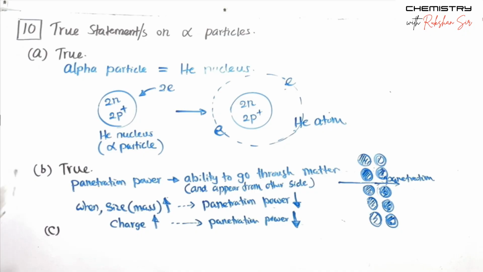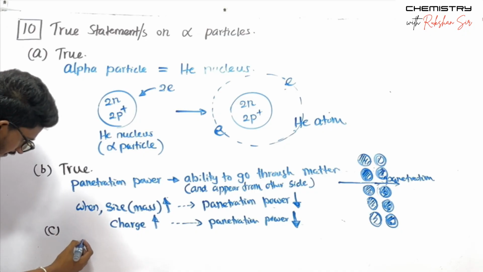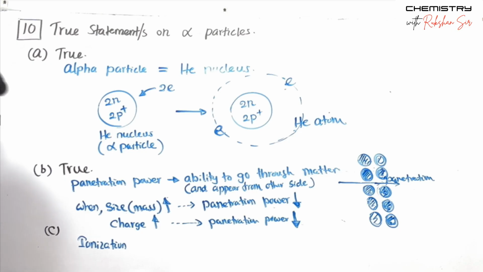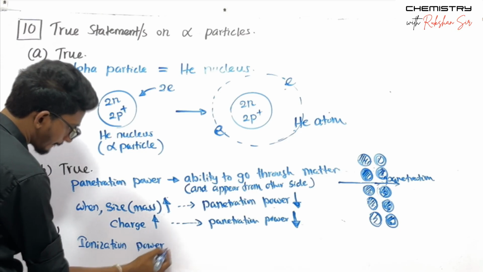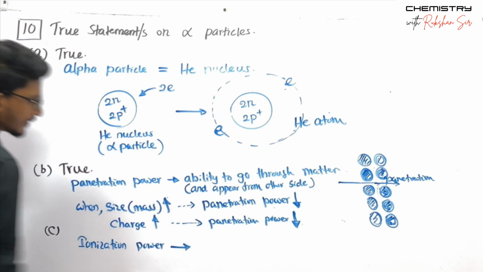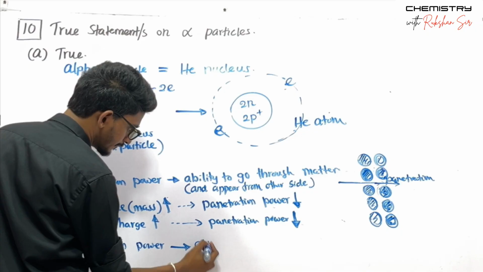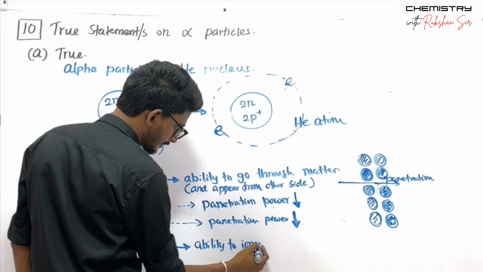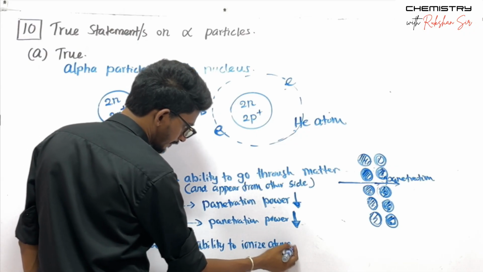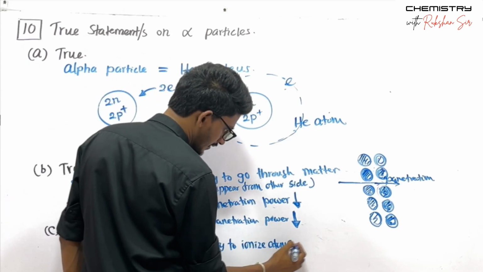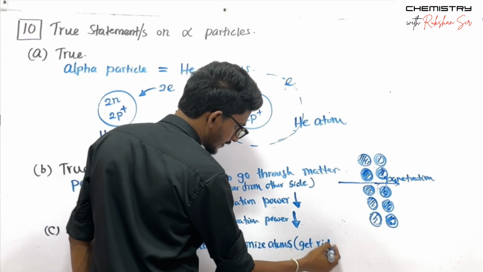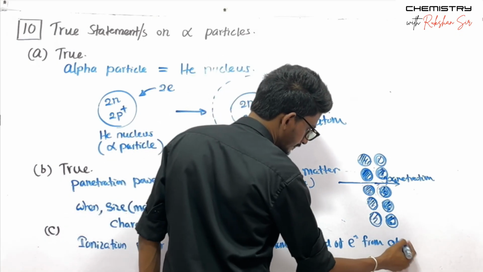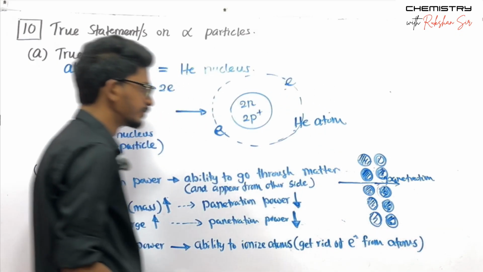So ionization power means the ability to ionize atoms, that means to get rid of electrons from an atom.